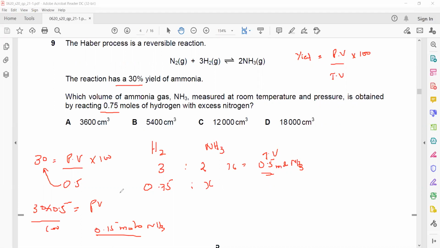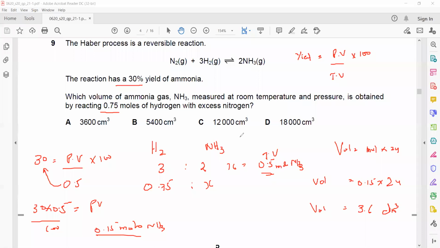But in the question they are not asking about moles, they are asking about the volume. So how to get the volume of the gas? Moles is volume divided by 24, so volume is moles multiplied by 24. 0.15 multiplied by 24 is 3.6 decimeter cube.